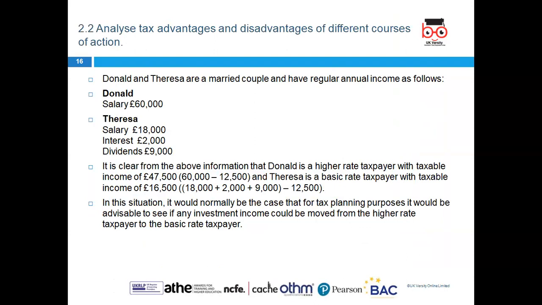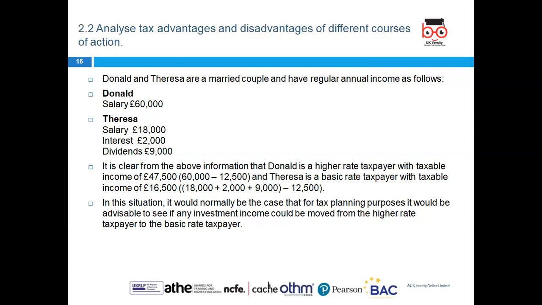So we have, in this example, Donald and Teresa, who are a married couple. We have regular income, the salaries, and both earn interest and dividend income.